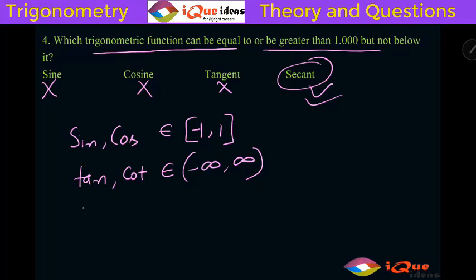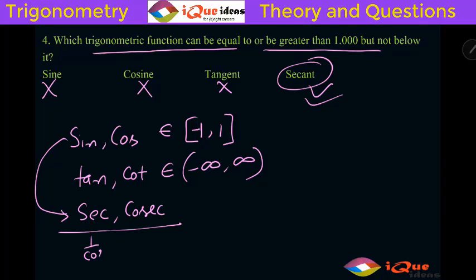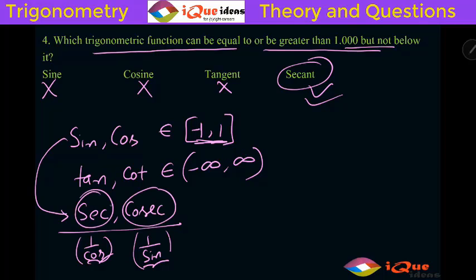But let's check. What happens in sec and cosec? What you have to understand is that sec and cosec are simply inverse of cos and sine. Right? Sec is 1 by cos and cosec is 1 by sine. Now we know that the sine and cos are between minus 1 and 1. So their inverse will definitely be more than 1 or below minus 1. Right? So greater than 1, it will only be sec and cosec.